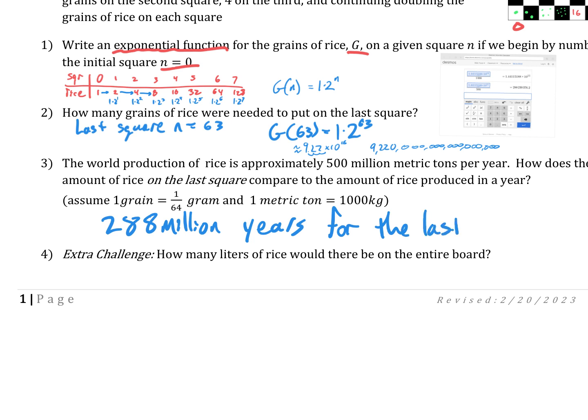All right, it turns out that if you were to add them all up, it would be double that. So if the question is how many metric tons, let's change that to tons because that's what we were working with there.